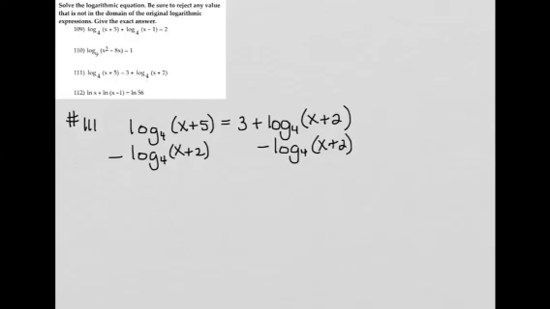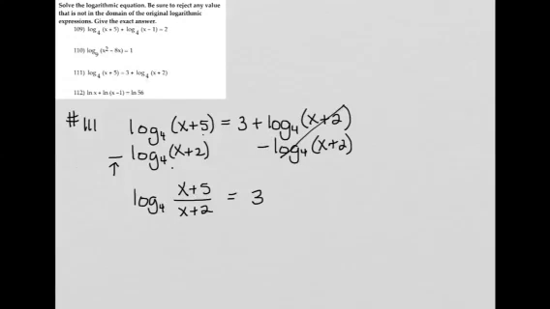So now, because we have a log minus a log, I can write that as a single logarithm, log base 4, of x plus 5 over x plus 2. Because it's subtraction, that's when we write a quotient. And the 3 is left on the other side.